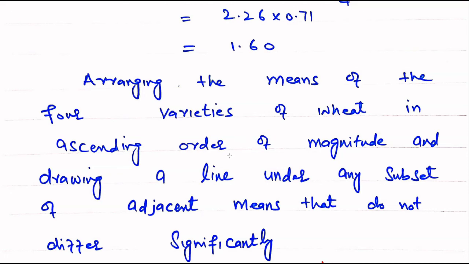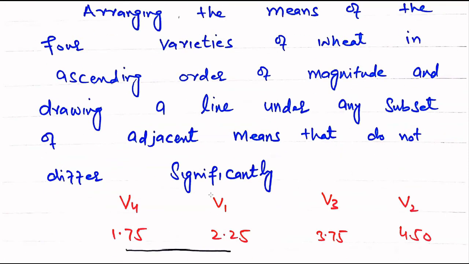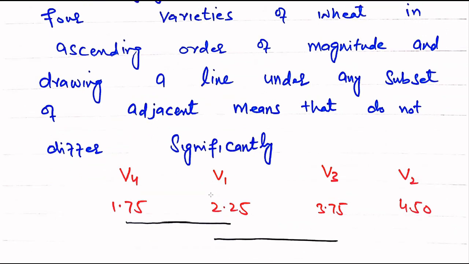Arrange the means of the 4 varieties of wheat in ascending order of magnitude and draw a line under any subsets of adjacent means that do not differ significantly. So these are insignificant. In other words, these pairs do not differ significantly, and the remaining pairs, like V4 with V3, are significantly different.